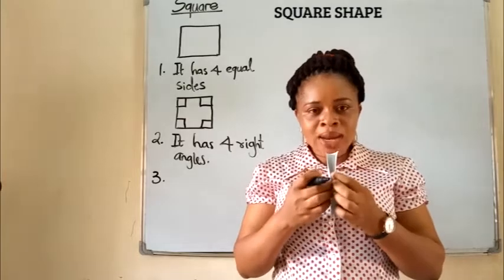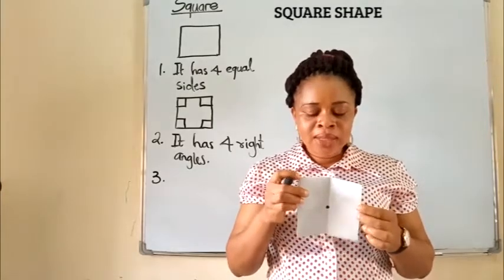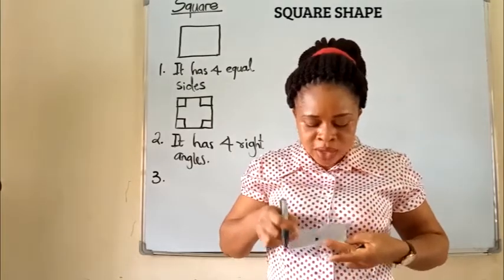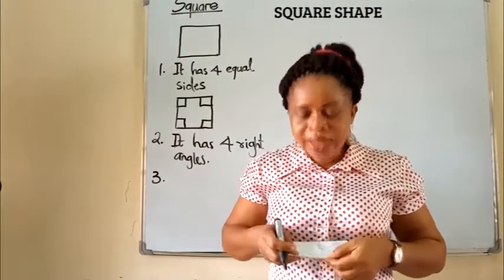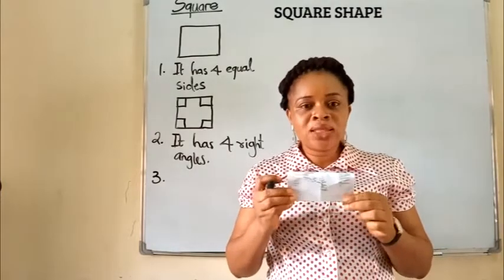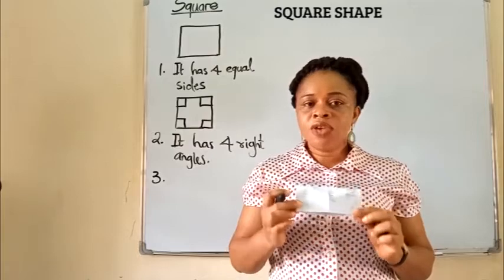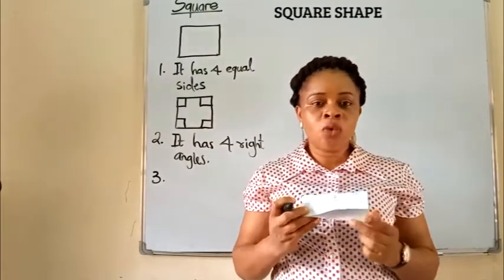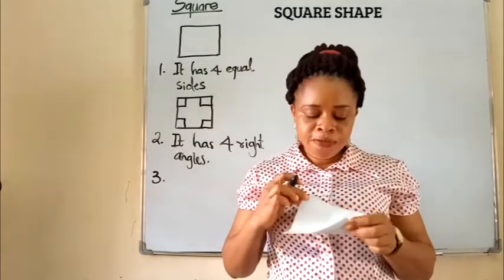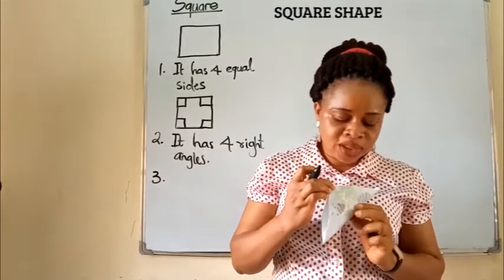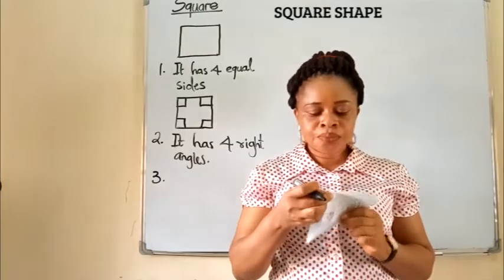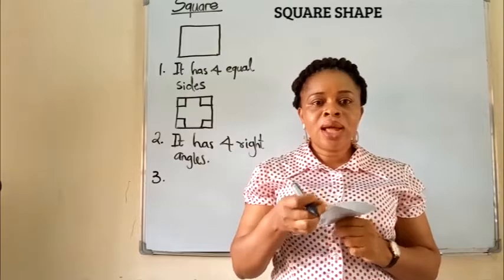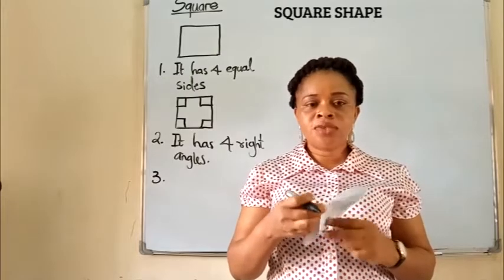This is one line of symmetry, and we can also go this way, getting another identical halves, giving us number 2 line of symmetry. If we go this way, still the line passing through the center, we are having another line of symmetry.